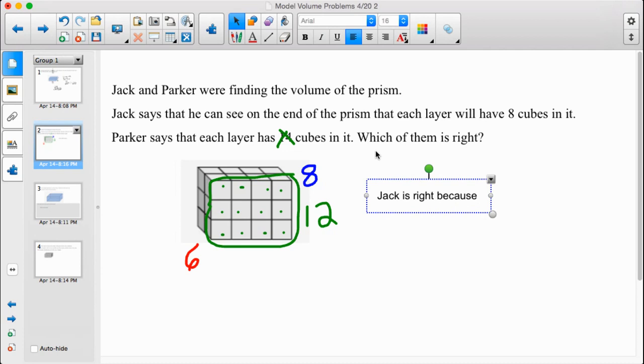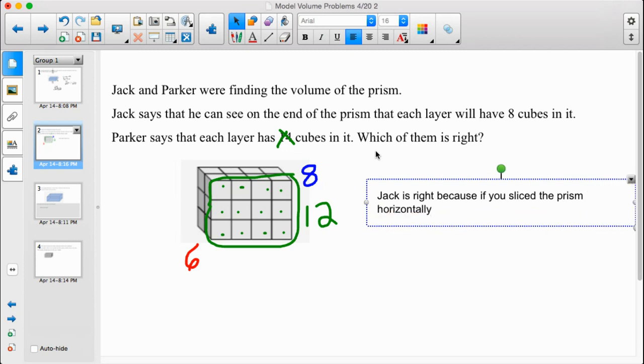So I'm going to say because if you sliced the prism horizontally, that just means in straight lines across, the layers would each have 8 cubes. So there, I proved that my answer is correct. I did it in the picture and I did it with a complete sentence.